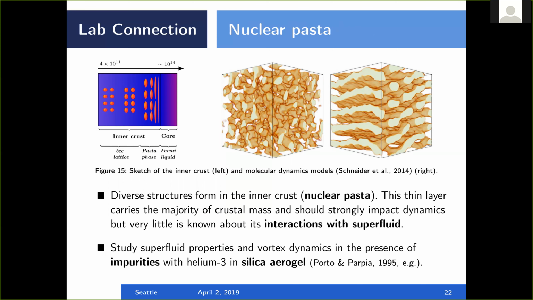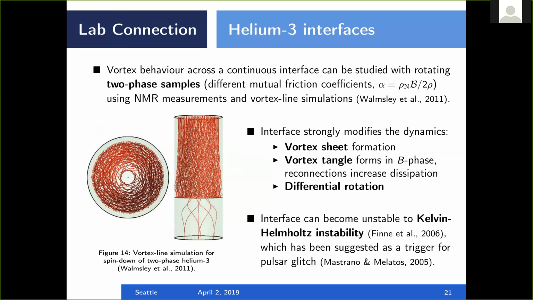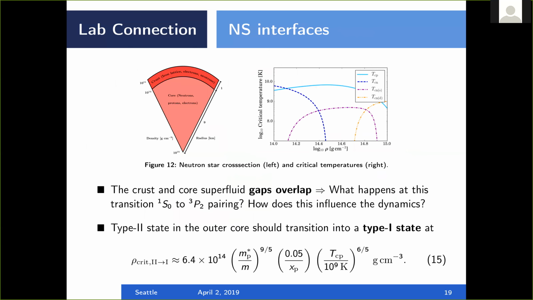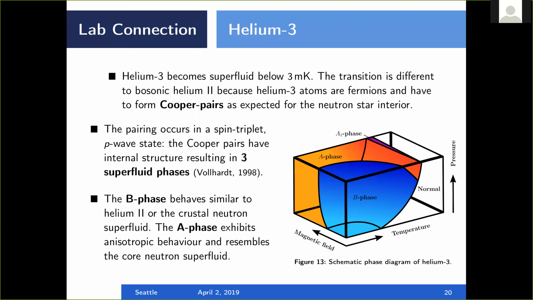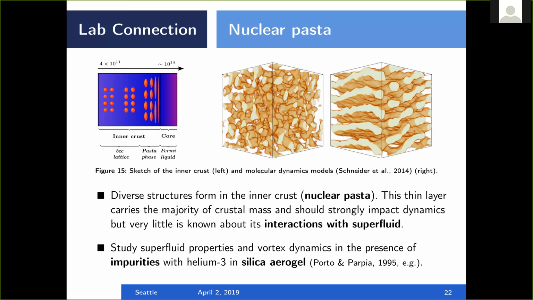So another thing, let me just go back to this, is that the majority of the mass in the crust here sits really close to this crust-core interface. Typically, the picture we have in mind is that in the outer crust you have a very standard BCC lattice, but as you go to higher densities you start deforming these individual structures.